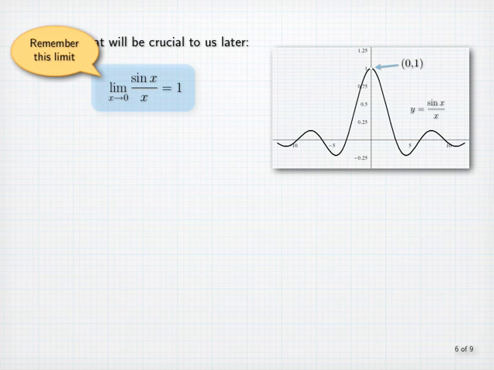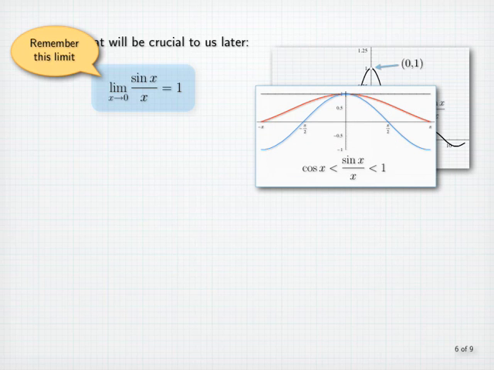Now, a proof of this fact typically involves a geometric argument to show that when x is between minus pi and pi, cosine x is less than sine x over x, and of course sine x over x is always less than 1. Then we apply what's known as a squeeze theorem or a pinching theorem that says that the limit of sine x over x, since it's trapped between cosine x and 1, must approach 1 because cosine x approaches 1, and of course 1 approaches 1.